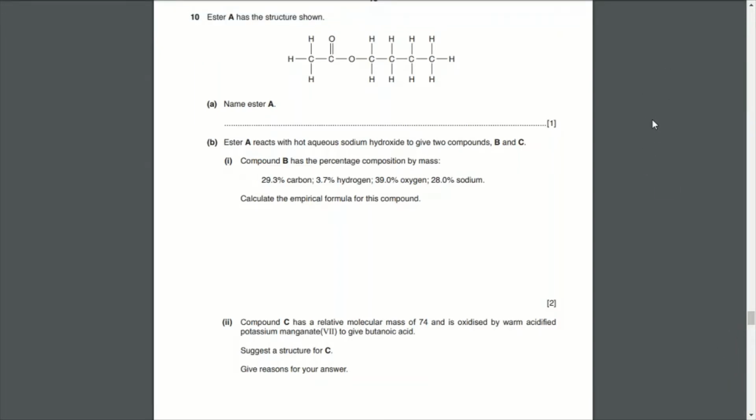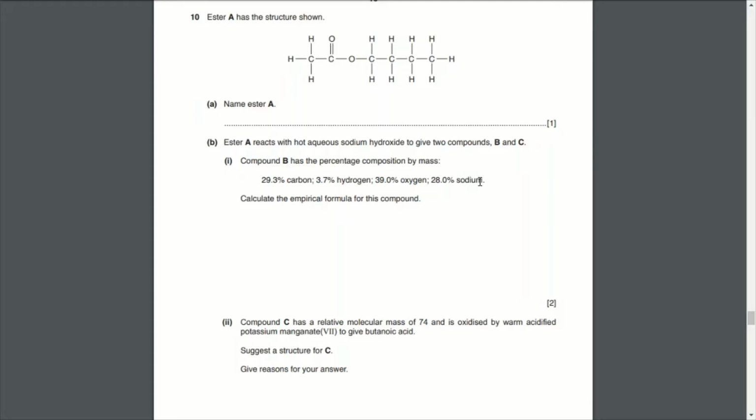Alright, so coming back to empirical formula, here we are going to do it in the form of C is to H is to O is to Na. So it is going to be 29.3 divided by 12, 3.7 divided by 1, 39 divided by 16, and 28 divided by the Mr of sodium, which you can check from the periodic table, and that is 23.